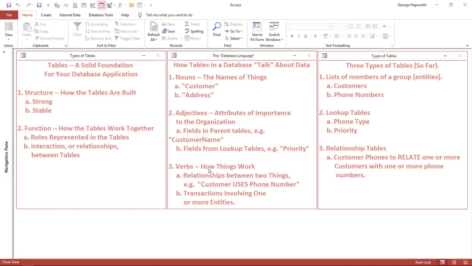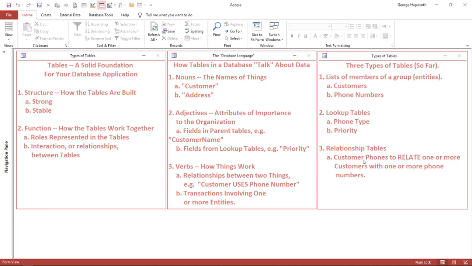And then we broke out our types of tables again a little bit differently. This time we talked about how they work, customers and phone numbers, email addresses, and so on being lists, essentially. Lookup tables are a very special kind of list table, small, closed domain that we can use over and over and over to provide attributes to members of a list.